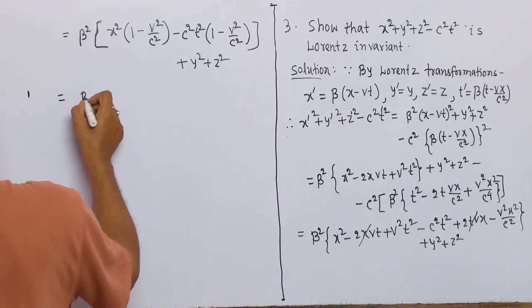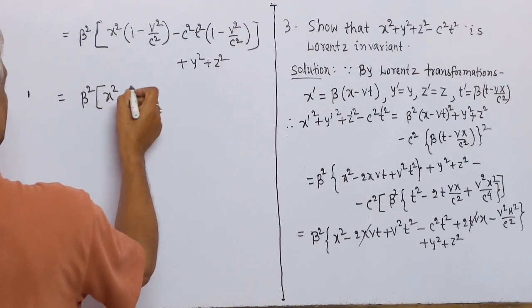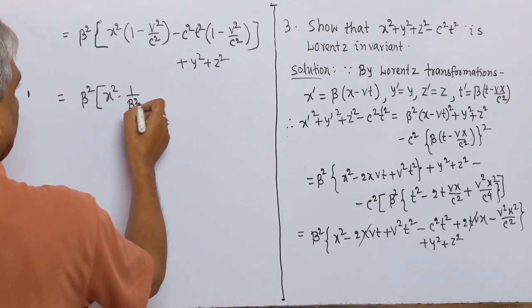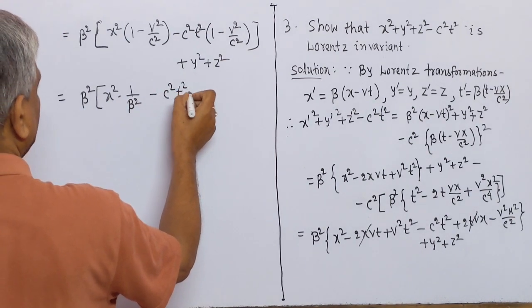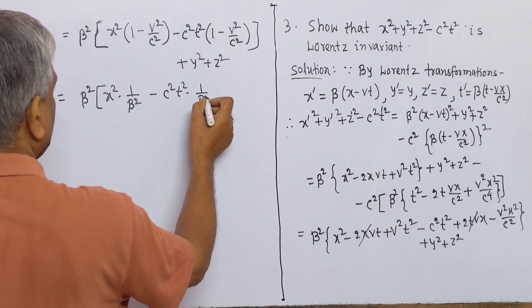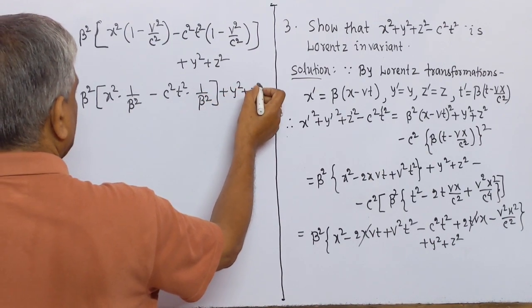This equals beta square, here x square multiplied by 1 by beta square, minus c square t square multiplied by 1 by beta square, plus y square plus z square.